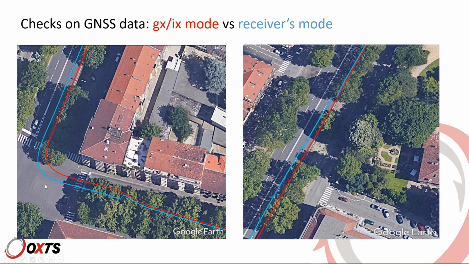You can see that the trajectory of the loose coupled solution stays wrong around the corner, and just later on, a couple of 100 meters down the road, finally in this open bit, where you have fewer trees, a correct GNSS update comes in, and finally the receiver solution jumps back to where the GXIX one has been all along. So that's an example of how the system rejects wrong GNSS updates and keeps the correct solution.